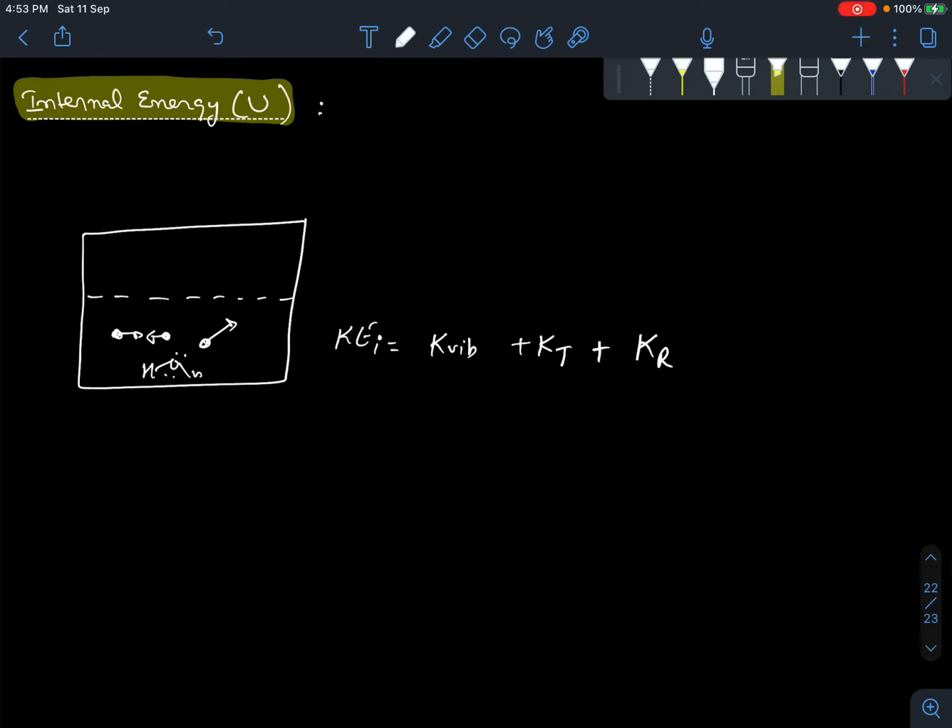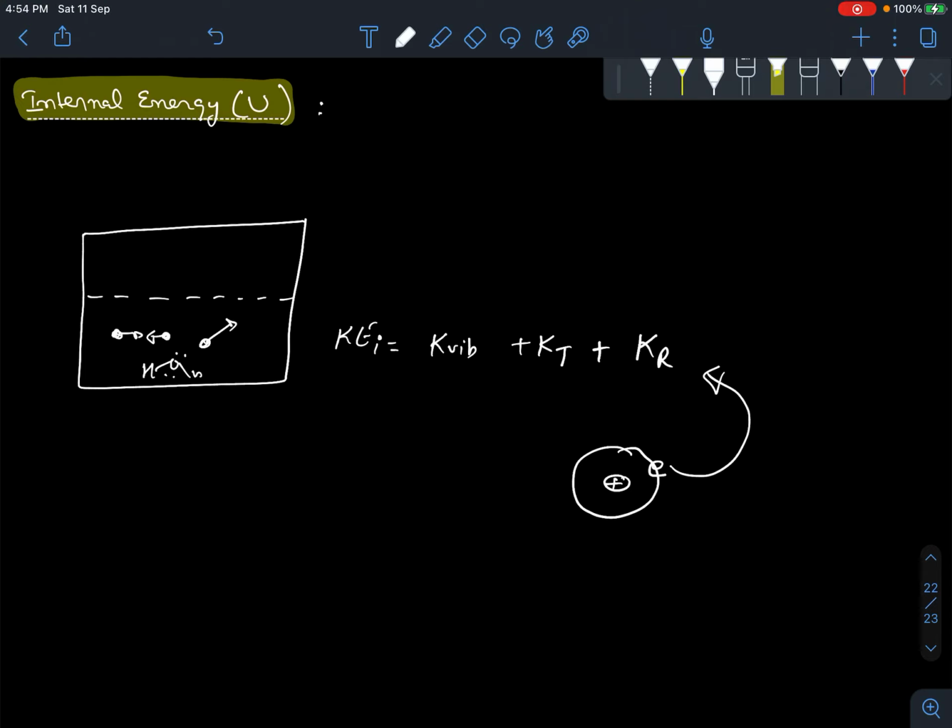Now you may ask, sir, if we look even deeper into it, like in the case of an atom, the electrons are also in motion around the nucleus. So are we supposed to consider that also? Yes. Anything with which a system is made up of, even the tiniest possible particle, we are supposed to look at all of these things.